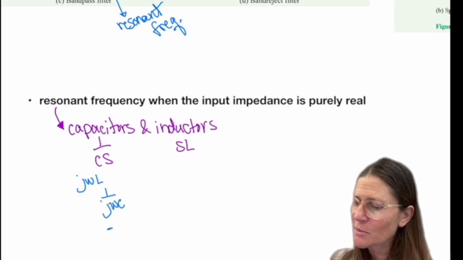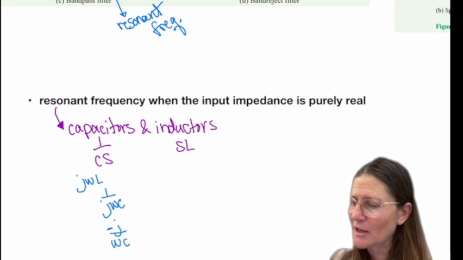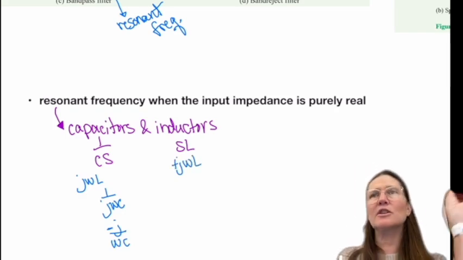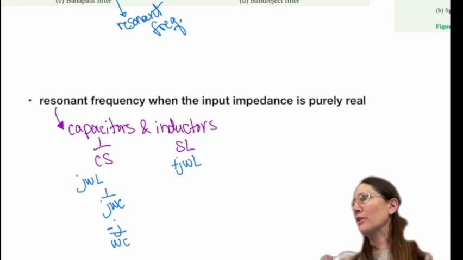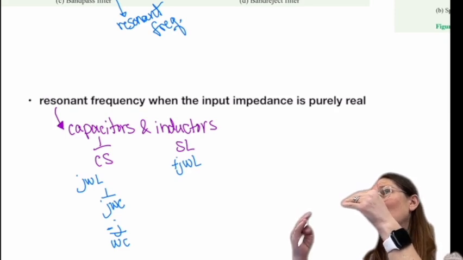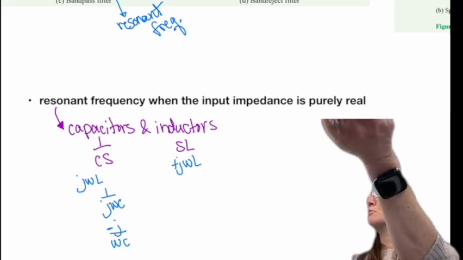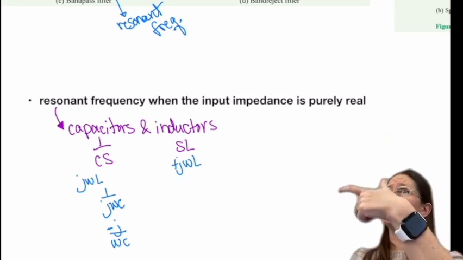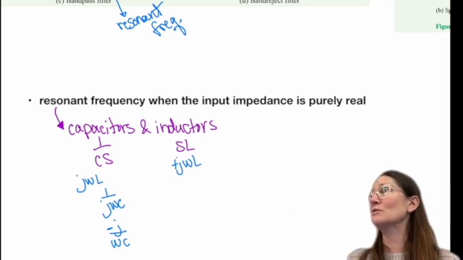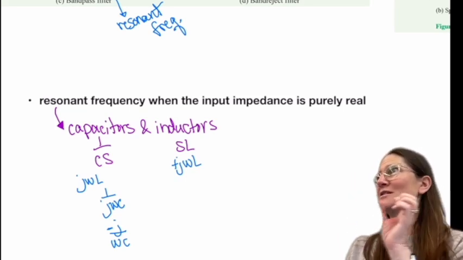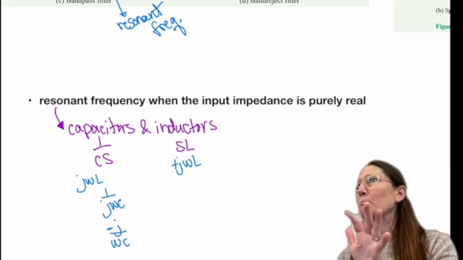So this can actually be written as minus j over omega C. And then this will be a positive value, and then you can get a negative value from the capacitance, and you can actually equate those values to be the same in value because you would be at the same frequency, and then you can choose the value of capacitance and inductance so that those would cancel out. So this would look like a purely real effect at the resonant frequency. Does that make sense? Okay.